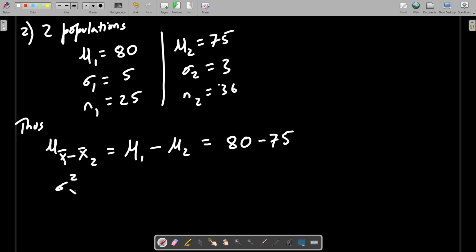Okay, and you have a sigma square of x1 bar minus x2 bar.